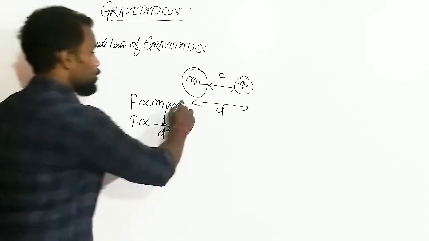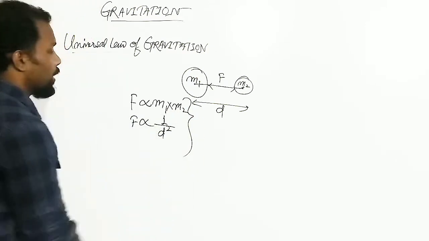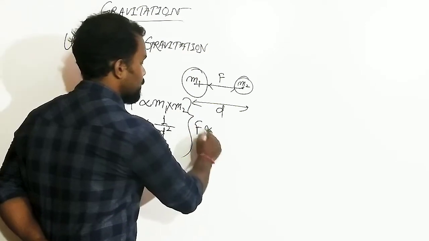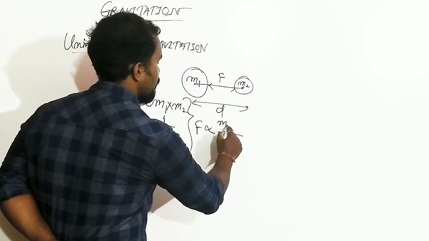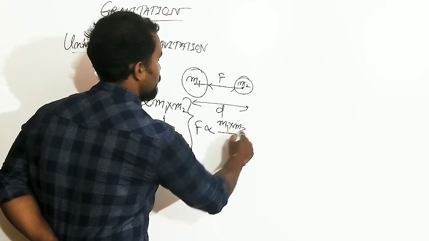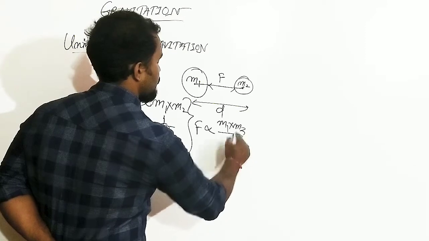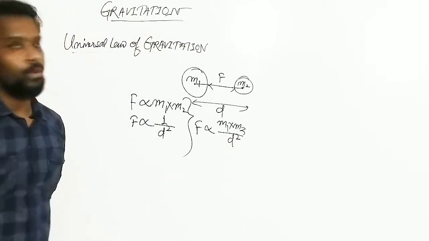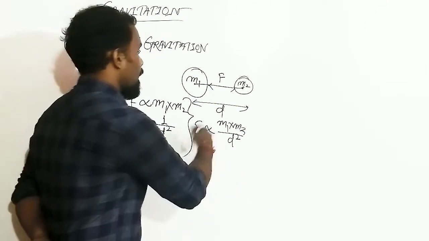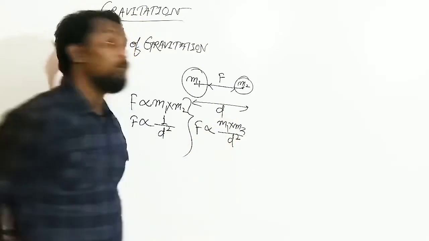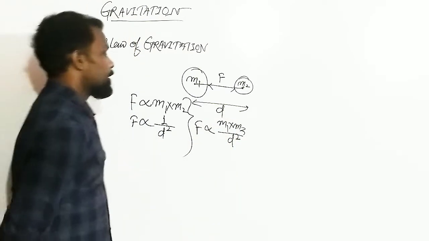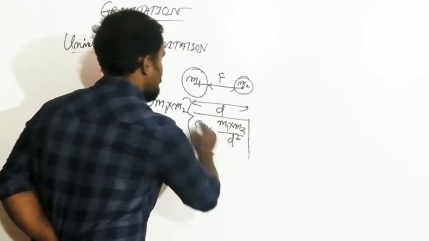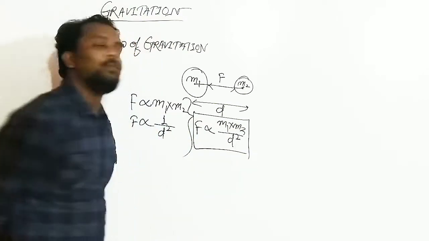So from these two things, we can write F is proportional to m1 into m2 by d square. This is the main thing we have understood from the universal law of gravitation.